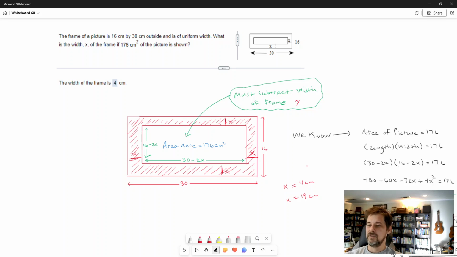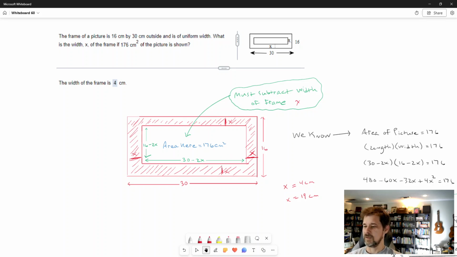But I know the width can't be 19, because say that this is 16 and I subtract 19 twice, what would you get? So 16 minus 19, that's already negative 3. If the frame's width were 19 centimeters, then subtracting the width on either side to get this dimension on the inside of the frame would give me a negative number.